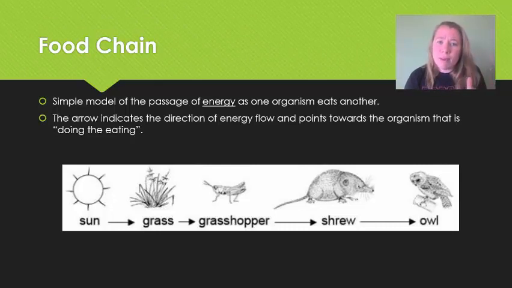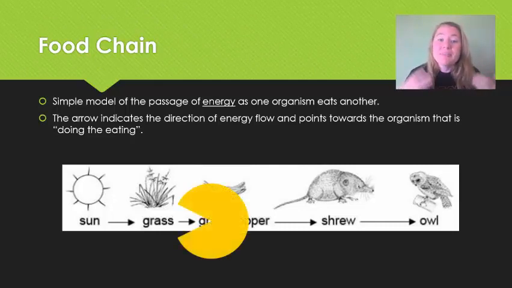Now, what I want you to remember, though, is the direction of the arrow. That's super important. The arrow shows the direction of energy flow, and it points towards the organism that is doing the eating. I like to turn these arrows into little Pacman, and that Pacman should line up with the arrow, showing that organism chomping away, eating the organism that's a little lower on the food chain.